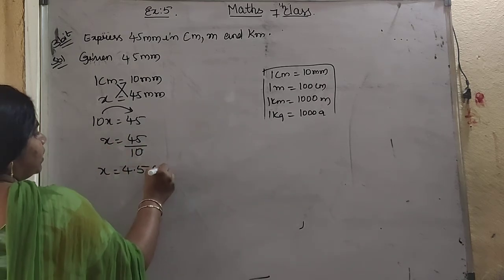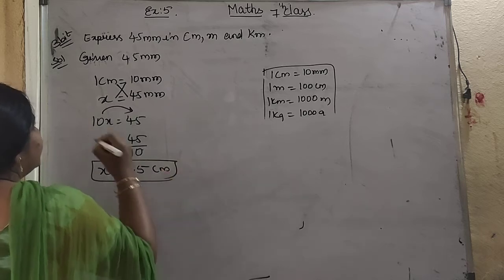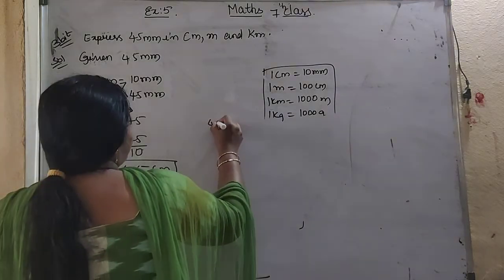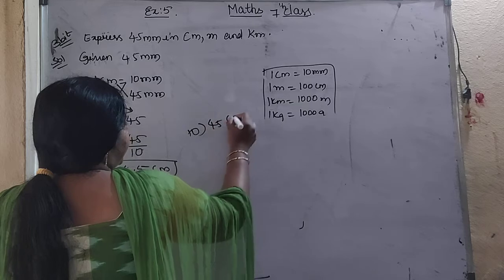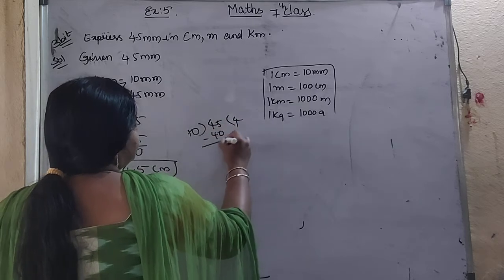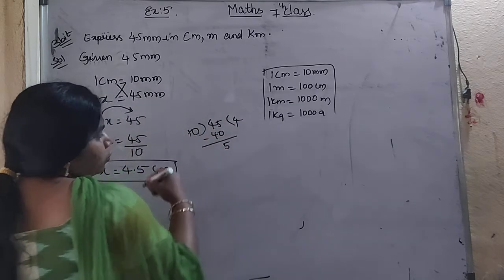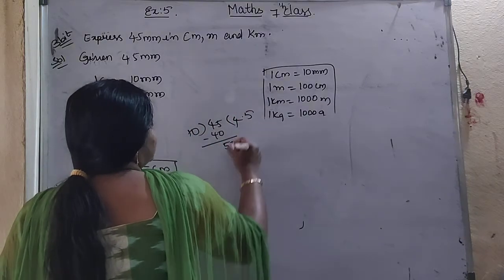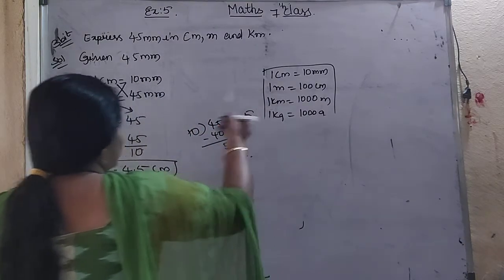So 4.5 centimeters. Here 45 millimeters is equal to 4.5 centimeters. If you want, you can directly divide this also. 45 divided by 10: 10 fours is 40, 5 will not go in 10, so 0.0, 10 fives is 50. So you get the same answer.